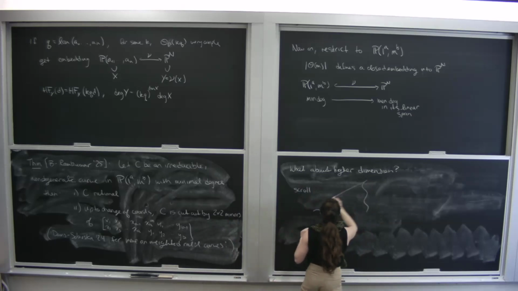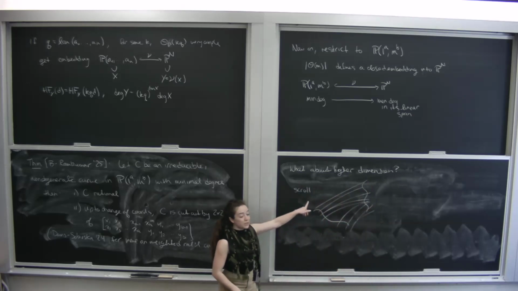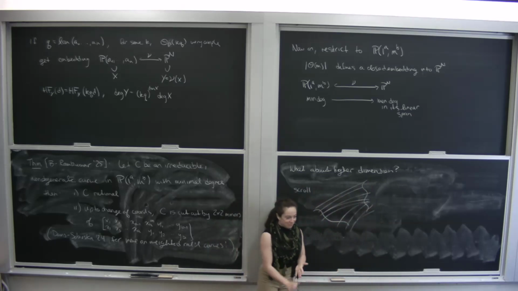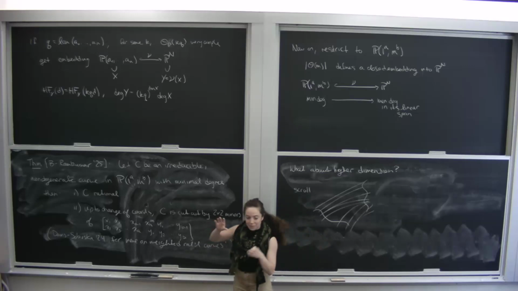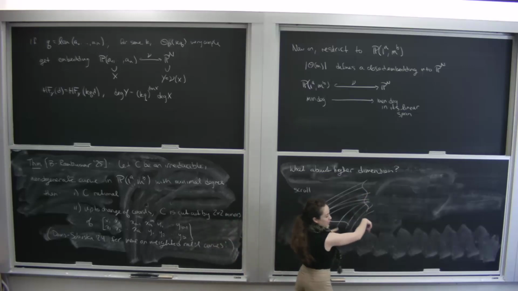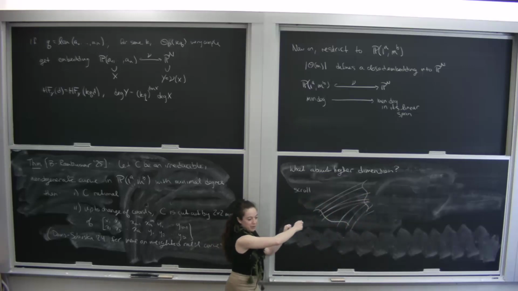So I get this variety, right? So this is a scroll. And in the classical case, our scrolls are built up by our minimal degree curves. We pick minimal degree curves for all these curves, and then we build this scroll from them. And these are our minimal degree varieties, other than the Veronese.